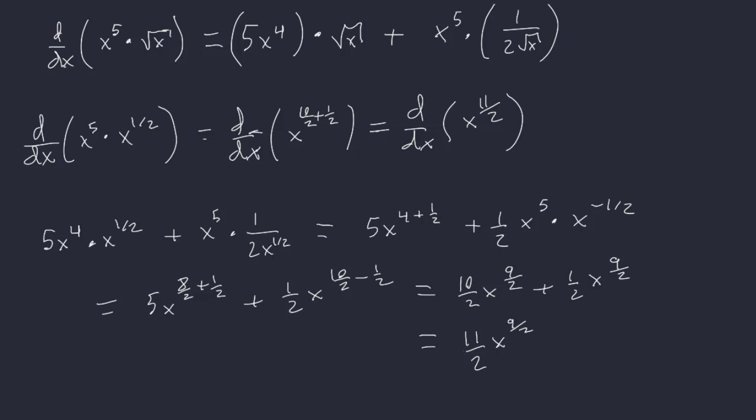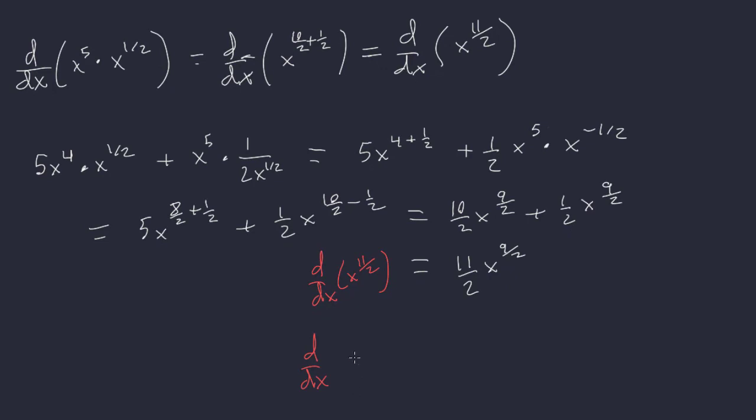So what we've essentially done here is given ourselves a rule for the derivative of x to the 11/2, which ends up being 11/2 x to the 9/2. Well, hang on.